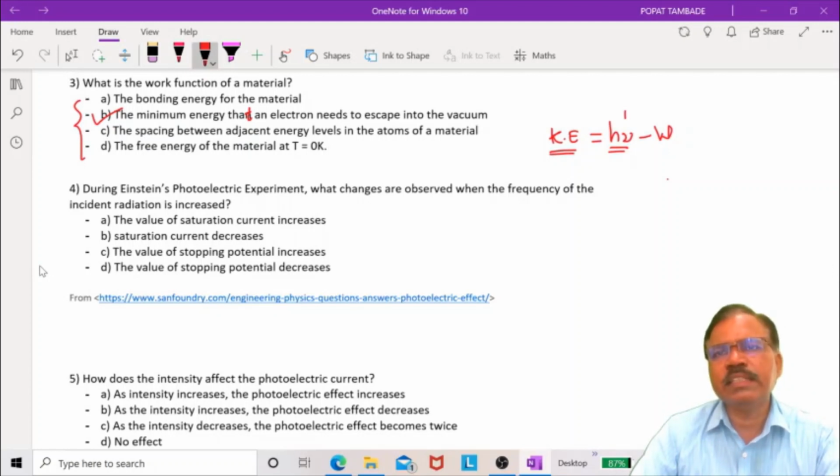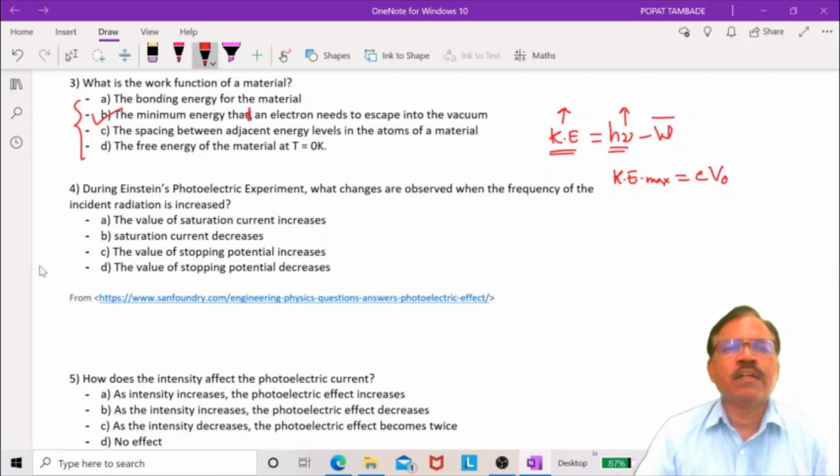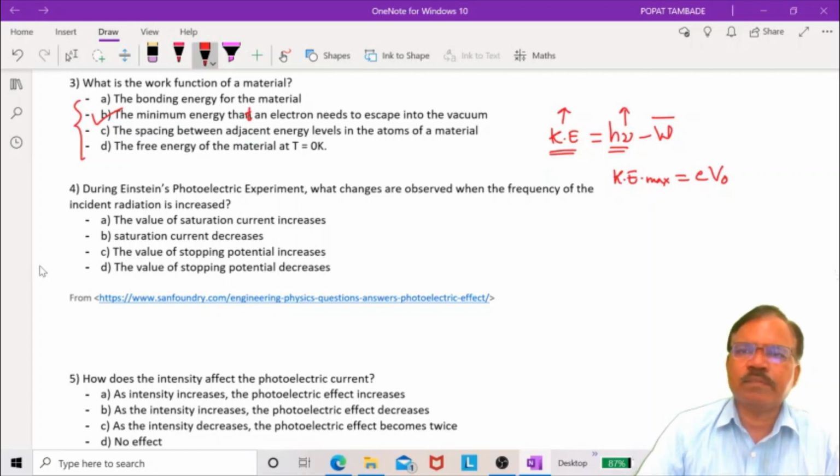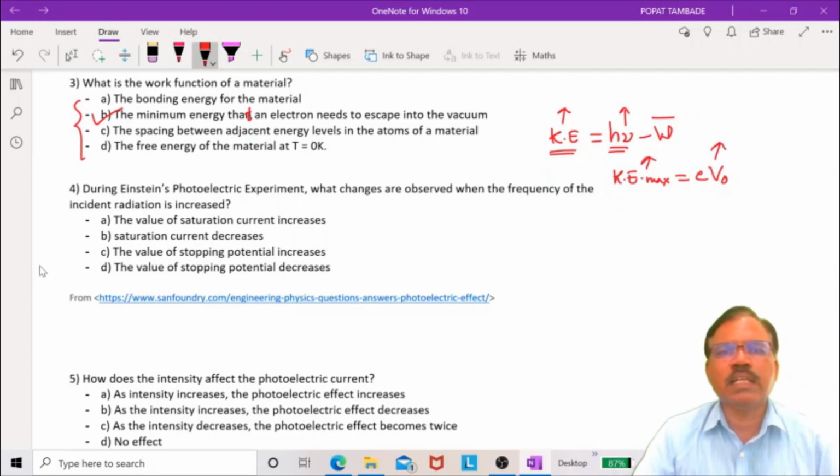So if frequency increases, since the work function is constant for that material, kinetic energy increases. To measure the maximum kinetic energy of the electron, we apply a reverse potential, also called stopping potential. So when frequency increases, kinetic energy increases, so the corresponding stopping potential also increases.